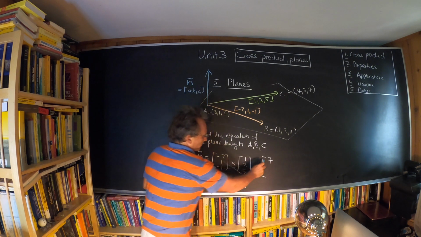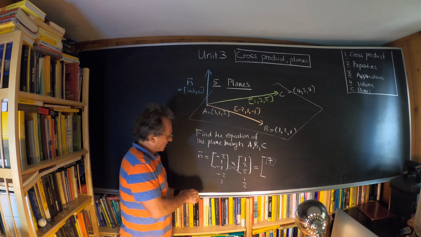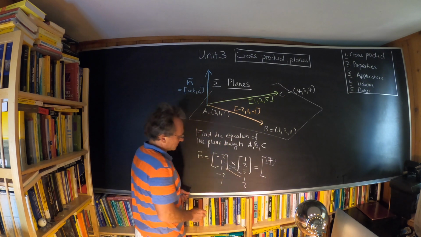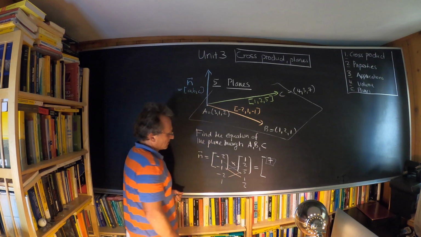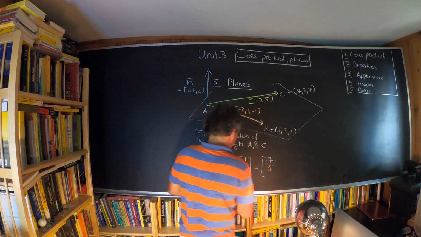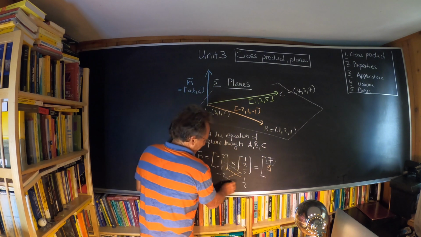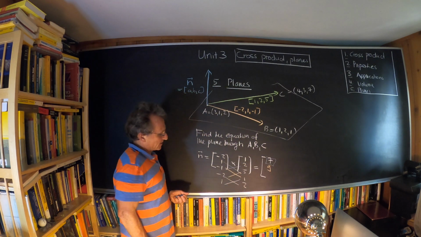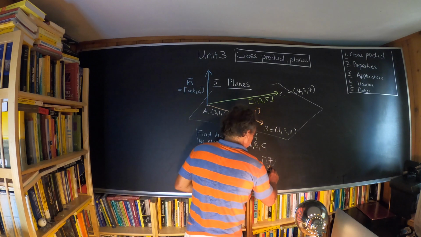Done this, and we have done this: minus 1 plus 10 is 9, and then finally we have minus 4, minus 1, minus 5.